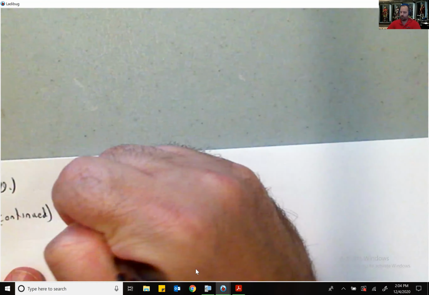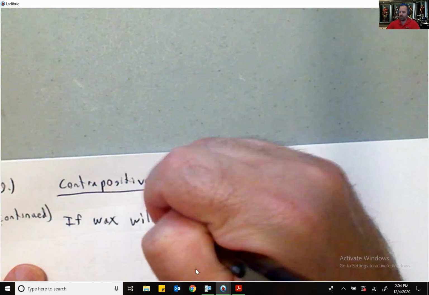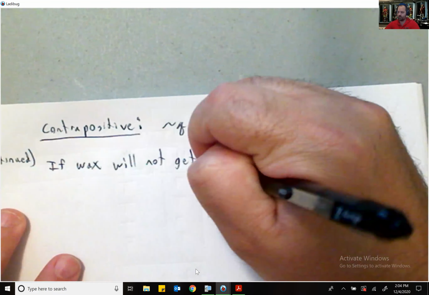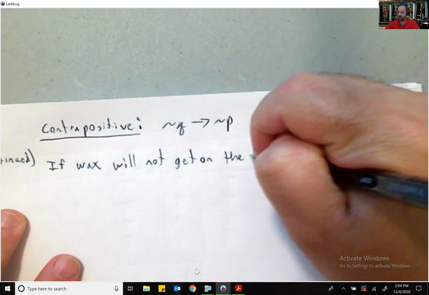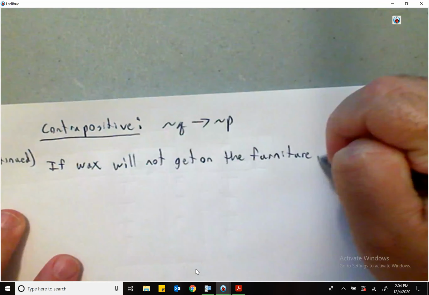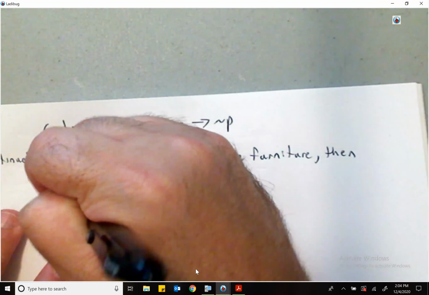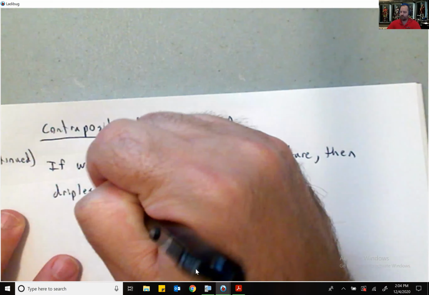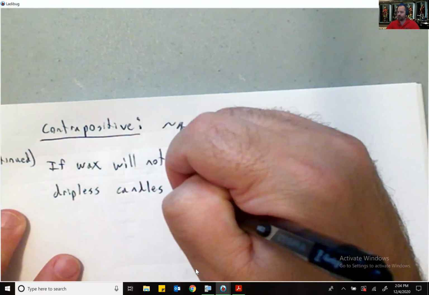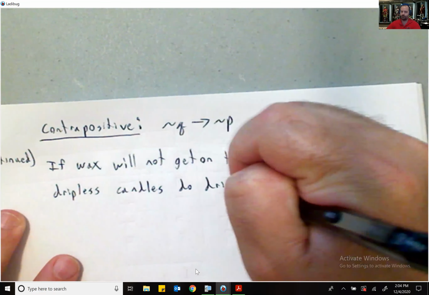If wax will not get on the furniture, then dripless candles do drip.